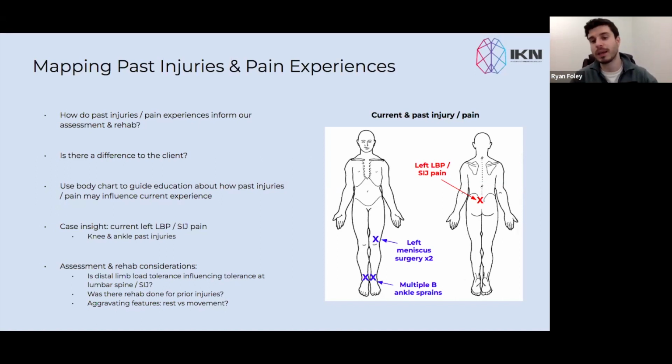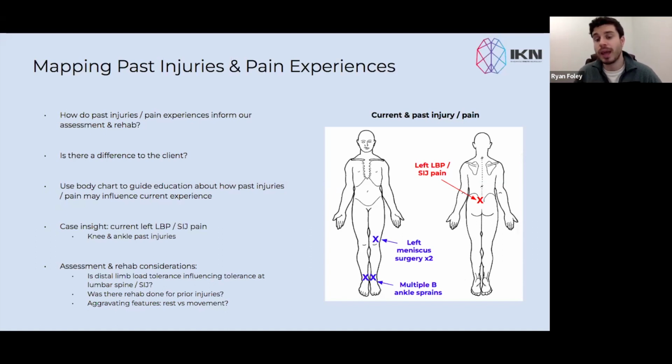So, for example, let's say this individual had developed left low back pain, SIJ pain, in 2023, and in 2022 they had just experienced an ankle sprain, which led to them moving differently. The body had to adapt to that pain experience, and as a result, the lower limb changed the way it's been experiencing forces.